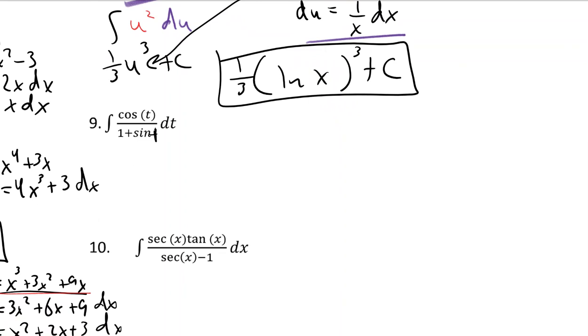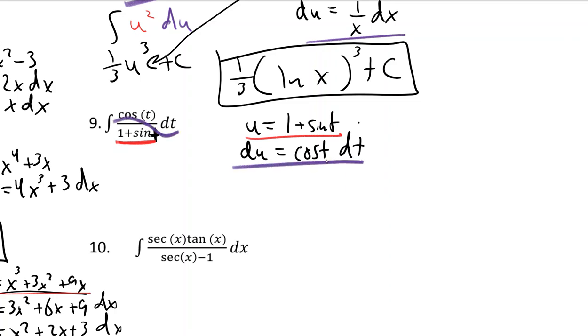Okay, number 9, there's a missing t there, that's important. But I'd probably pick the denominator to be u, because then the derivative would be cosine t dt. So that matches up with that.